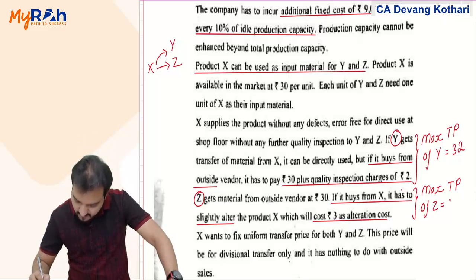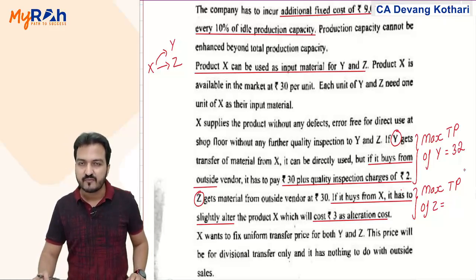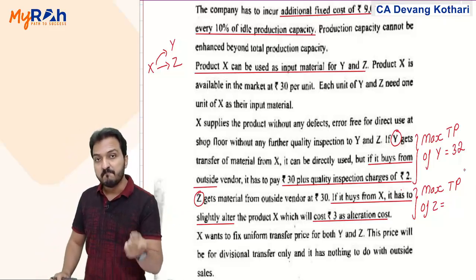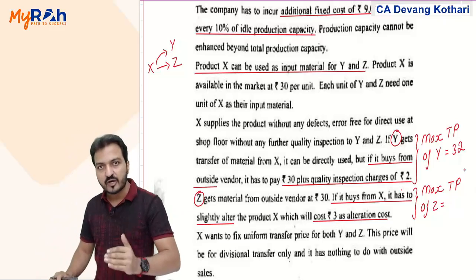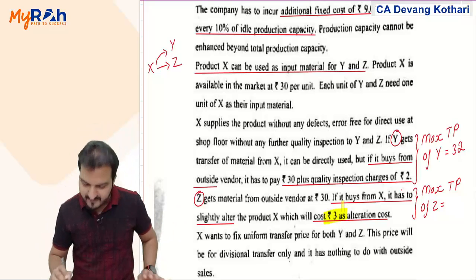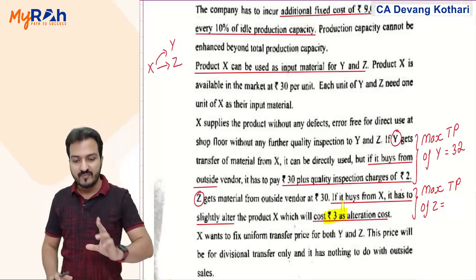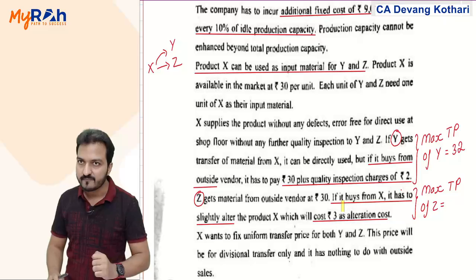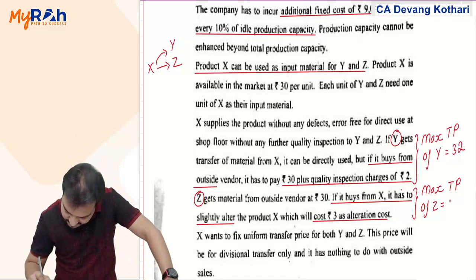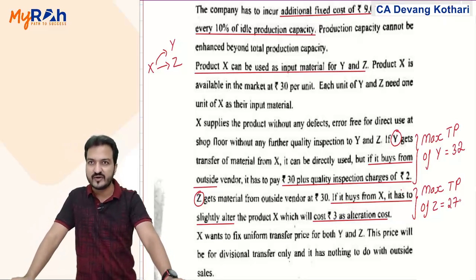It will become 30 minus the alteration cost. Remember your formula for maximum TP: market price, total cost of ready material, minus the cost to make transferred material usable. Here 3 rupees is incurred to make the transferred material usable. It is alteration cost to make the transferred material usable. Hence maximum TP that Z is ready to pay is 30 minus 3, 27.